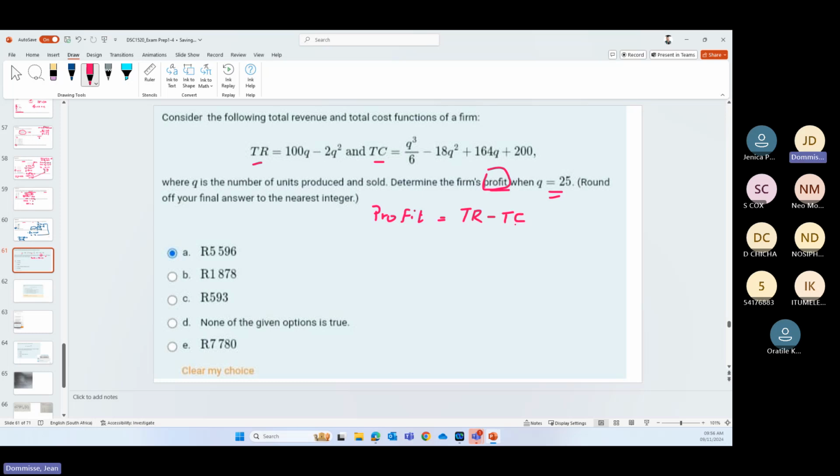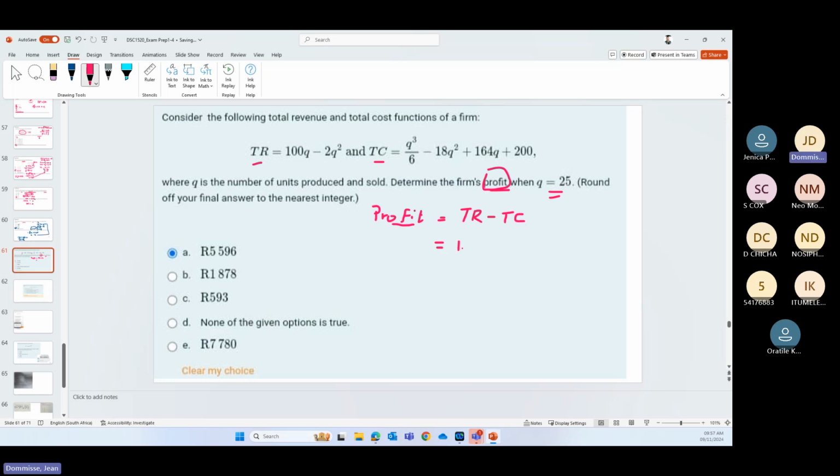Here again, it does not feel to me that at this moment we must do any other thing like differentiation. They told us this is total revenue, this is total cost. We need to determine the profit when Q is 25.